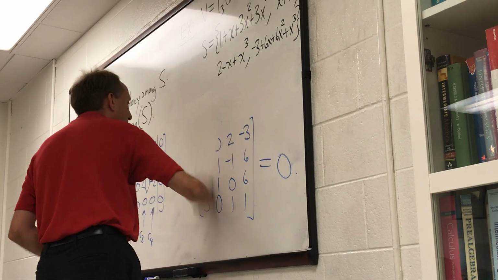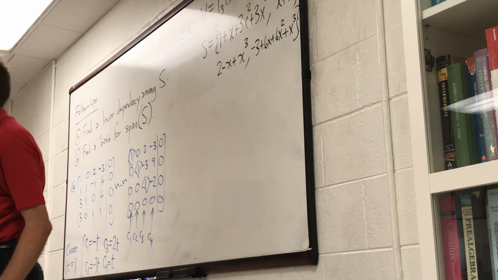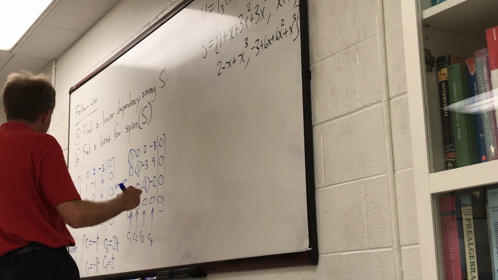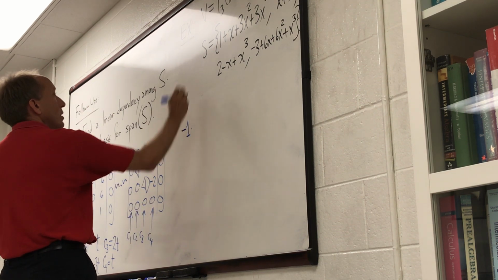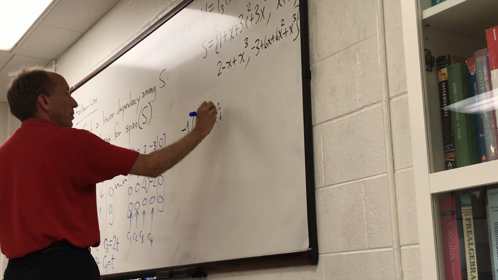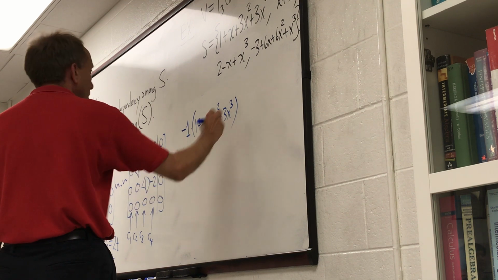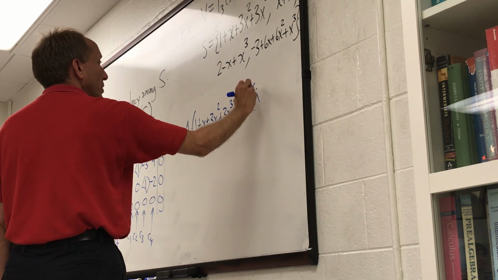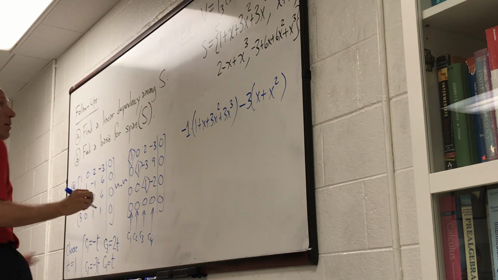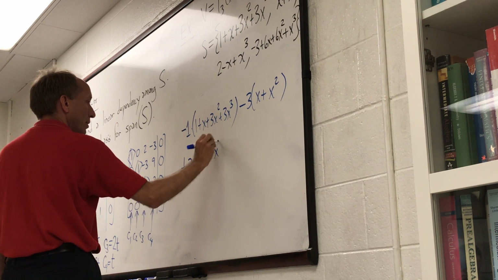So then what will happen is the linear dependency is just c1 v1 plus c2 v2 plus c3 v3 plus c4 v4. So we have negative 1 times the first polynomial, 1 plus x plus 3x squared plus 3x cubed. And then negative 3 times the second polynomial. And then plus 2 times the third polynomial.